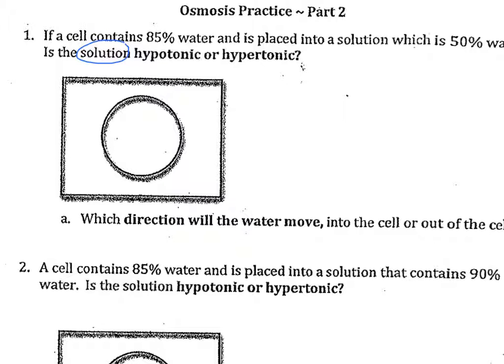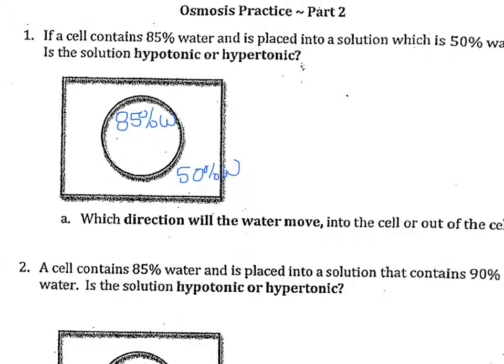I'm looking for the solution, and the solution is this outside portion. So the way we're going to set this up is as follows. I like to show this out. So my cell contains 85% water, and I like to label that, and the solution has 50% water.